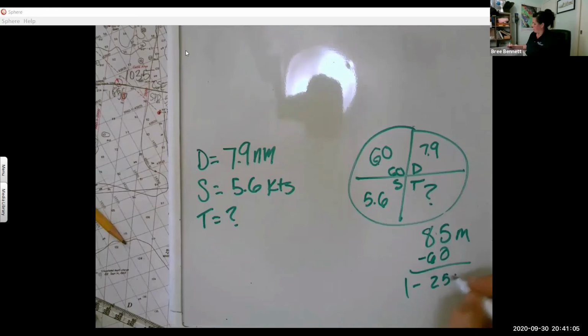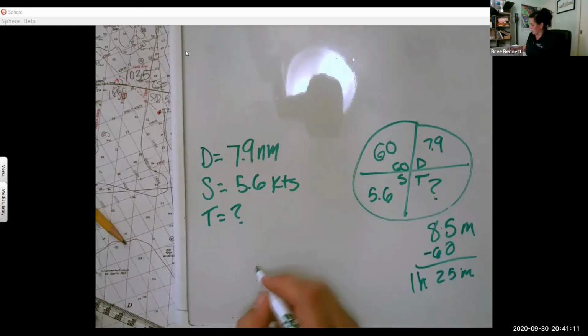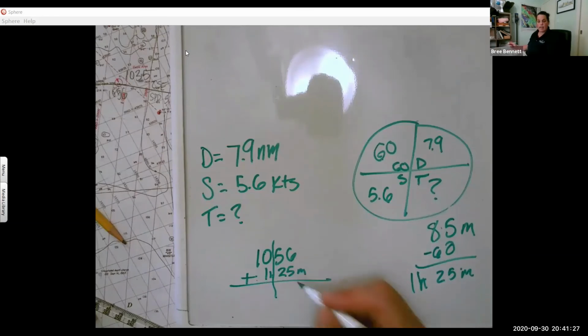So 1 hour and 25 minutes. My time of departure was 10:56. Then I have a transit time, so I'm adding 1 hour and 25 minutes. I'm going to add my 56 and my 25, that gives me 81, but 81 doesn't work, right?